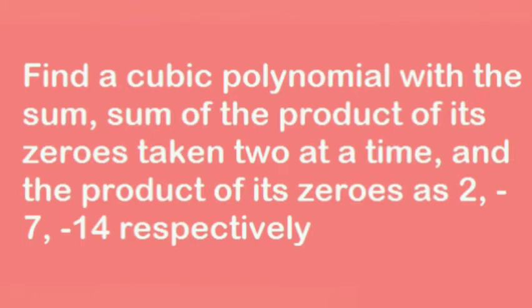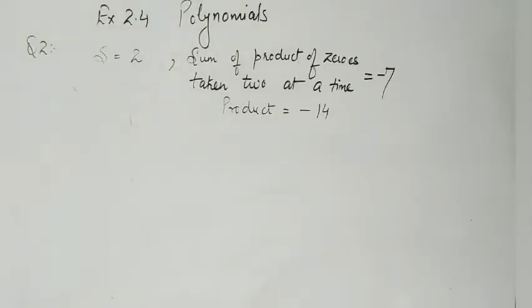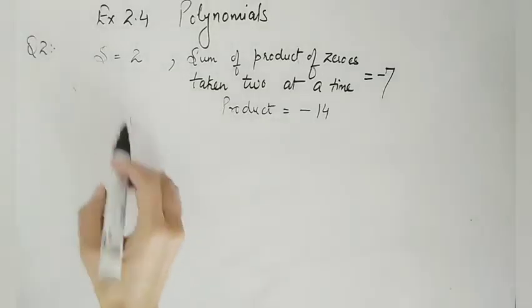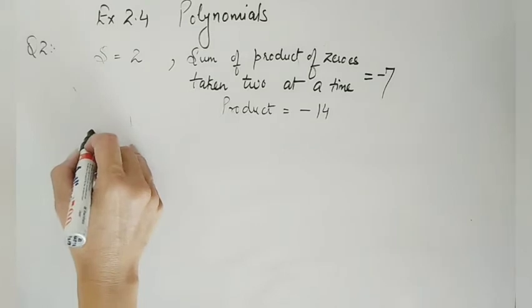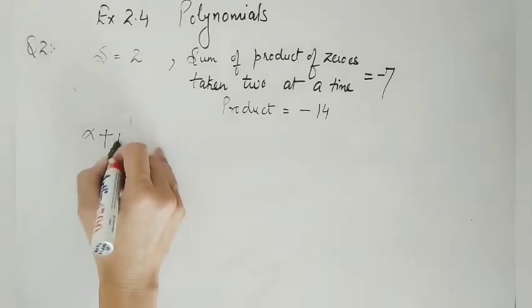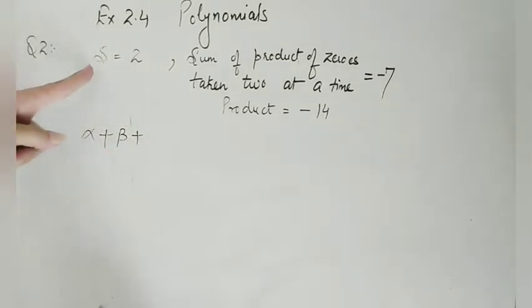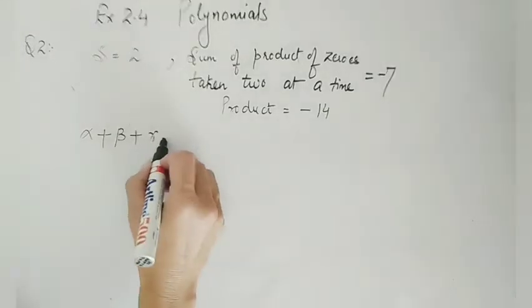So three different sets are given: the sum, then the sum of the product of two at a time, and finally the product of all three. According to the question, since it's a cubic polynomial, we would have three zeros. So sum means alpha plus beta plus gamma. This is 2.